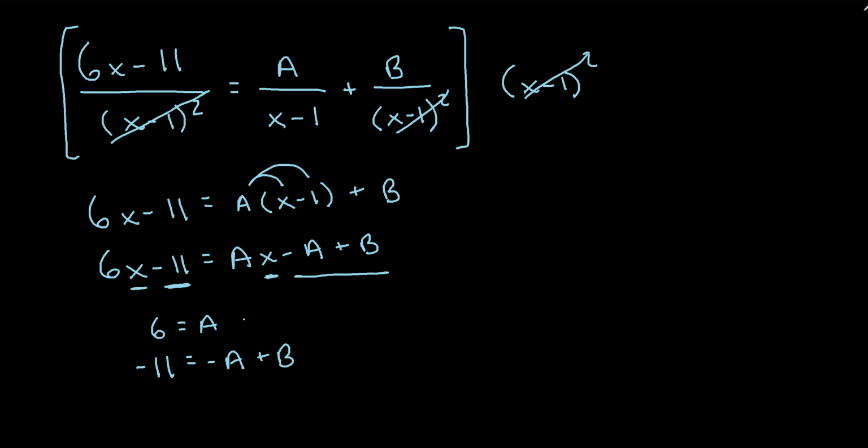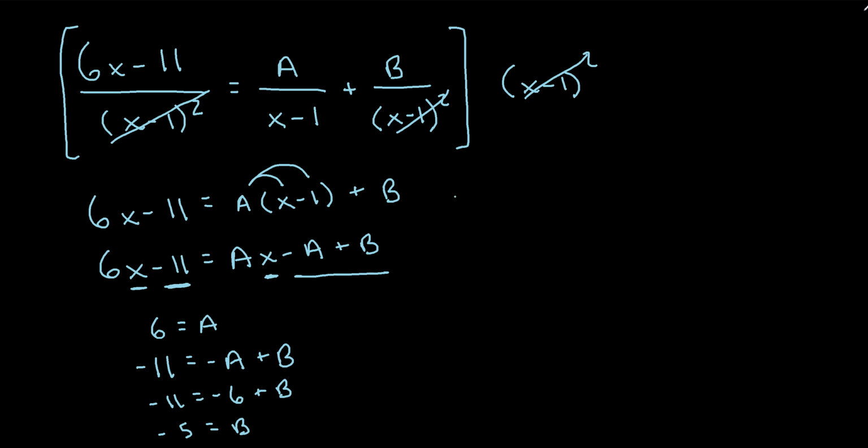So we want to solve for a and b. a is equal to 6, so we already know what a is. If we plug in a 6 right here, we get negative 11 is equal to negative 6 plus b. To solve for b, we can add 6 to both sides, so we get negative 5 is equal to b. So we've now solved for a and b.